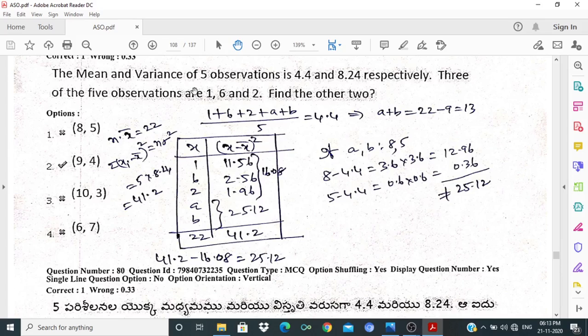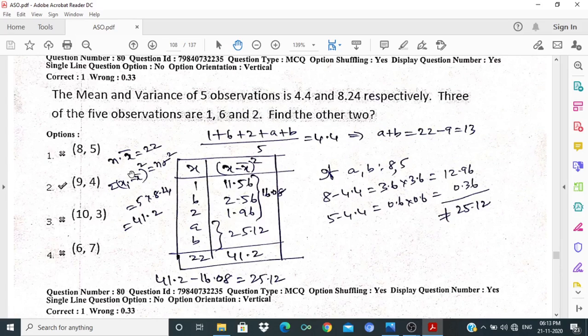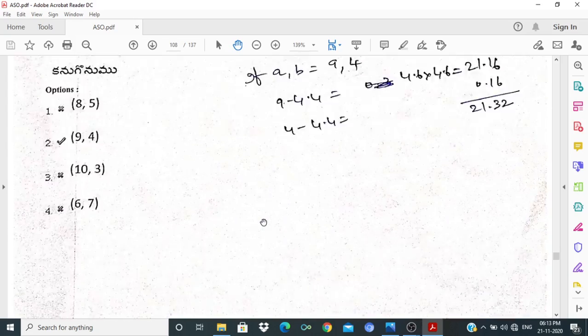Since this is sample variance, instead of 5 we have to use n minus 1, that is 4, so that this changes. By solving this, we can get the answer 9 and 4. Take this as homework or assignment for you. Solve this, and we can find a and b as 9 and 4.